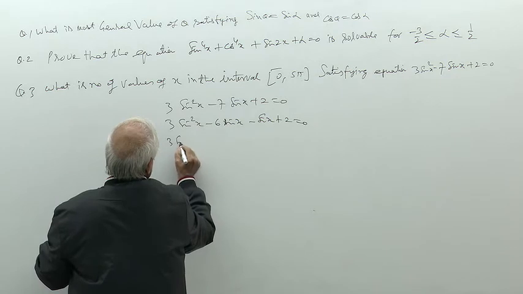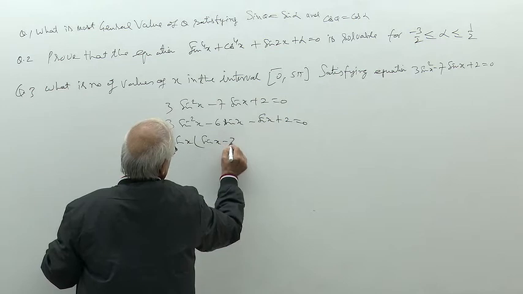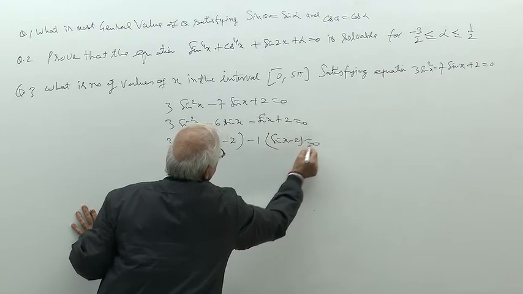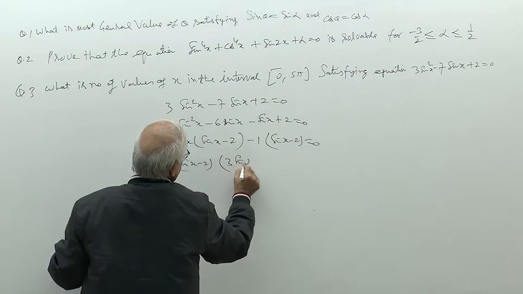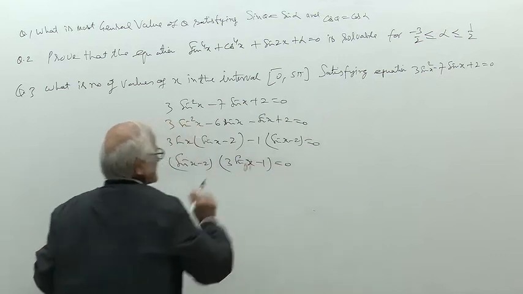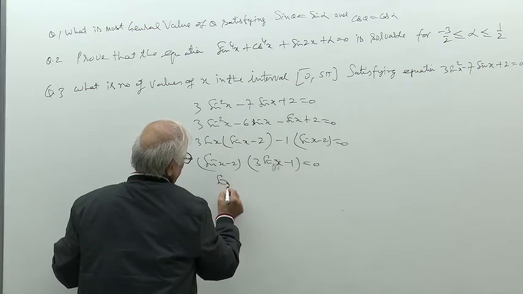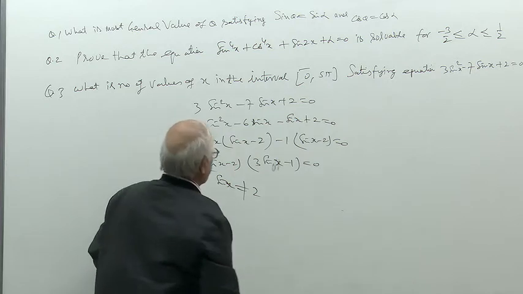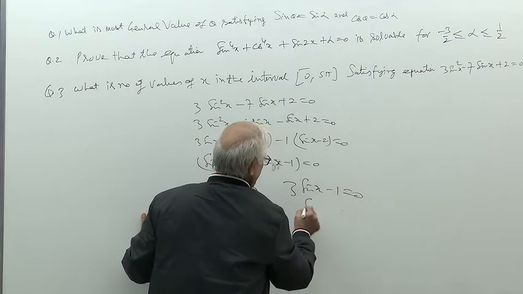Therefore, taking 3 sin x common... sin x minus 2 is one factor, and 3 sin x minus 1 is the second factor. So sin x minus 2 is not applicable, sin x is never 2. We leave this. Now we have only 3 sin x minus 1 equal to 0, so sin x is equal to 1 by 3.